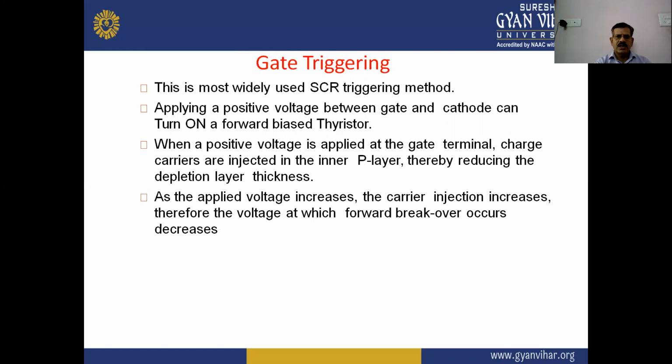When a positive voltage is applied at the gate terminal, charge carriers are injected into the inner P layer, thereby reducing the depletion layer thickness. As the applied voltage increases, the carrier injection also increases. Therefore, the voltage at which forward breakover occurs decreases in that case.